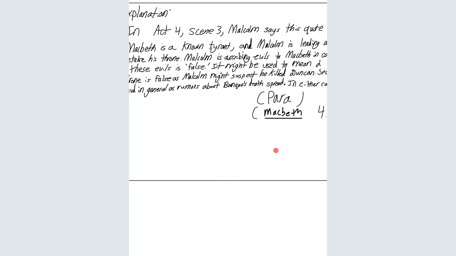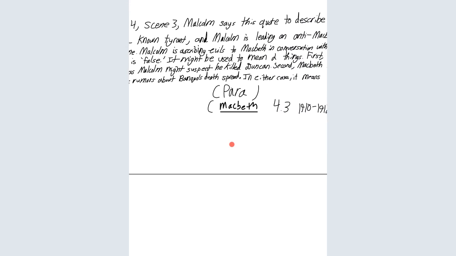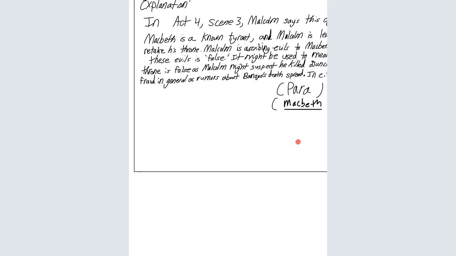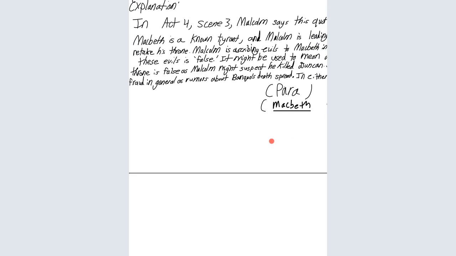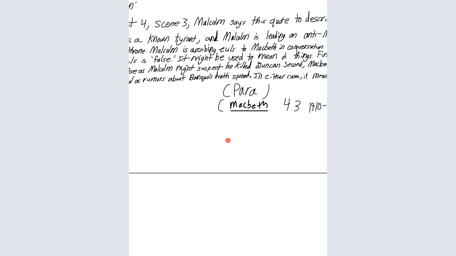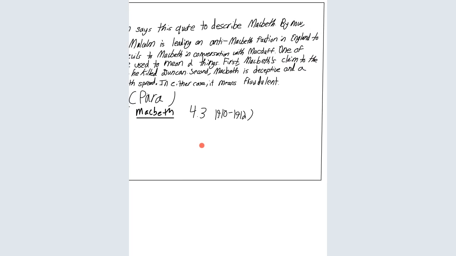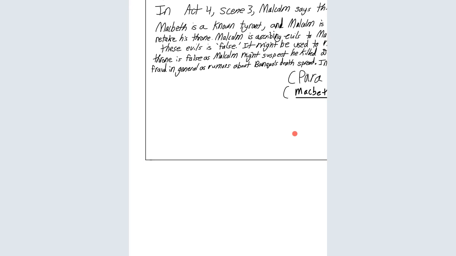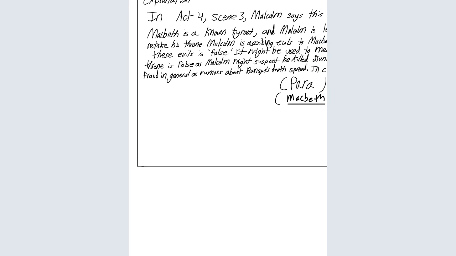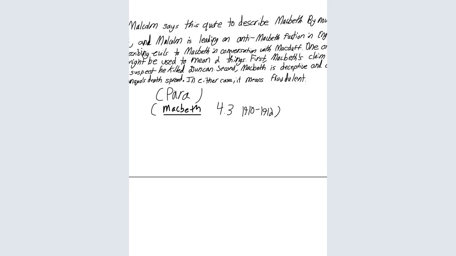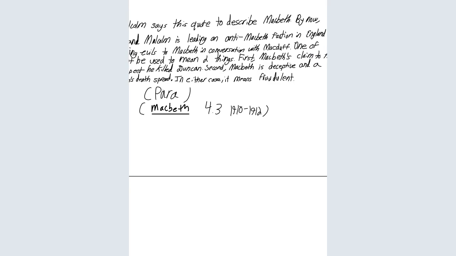One of these evils is false. It might be used to mean 2 things. First, Macbeth's claim to the throne is false, and Macbeth might suspect he killed Duncan. Second, Macbeth is deceptive and a fraud in general, as rumors about Banquo's death spread. In either case, it means fraudulent.